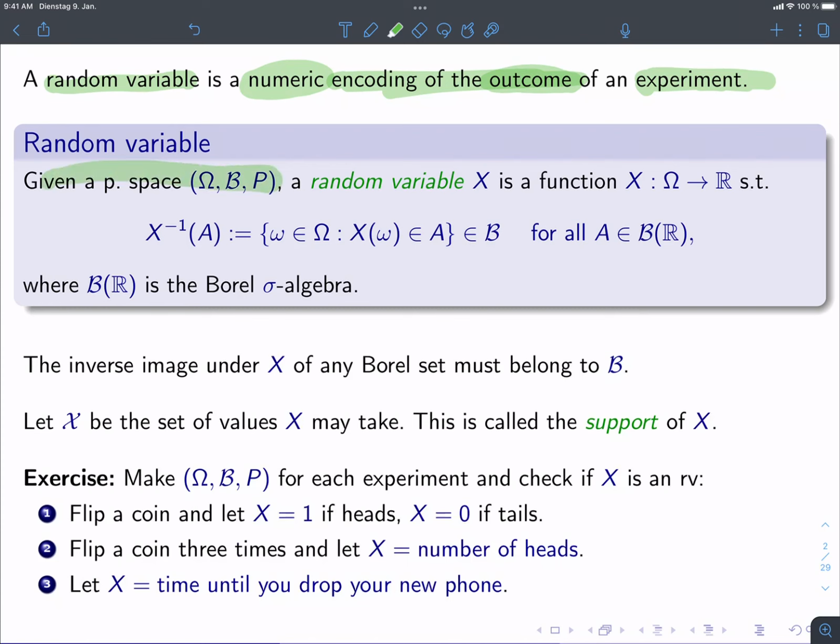So here's how we officially define a random variable. Given a probability space, so remember omega is a sample space, B is a sigma algebra, that means a collection of subsets of the sample space to which we want to assign probabilities, and a probability function P which assigns those probabilities. So we have this setup, and remember the outcomes here might not be numeric. They could be like heads and tails, they could be blood types, they could be anything. They could also be numbers.